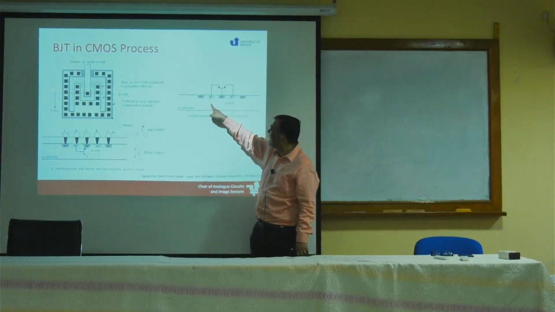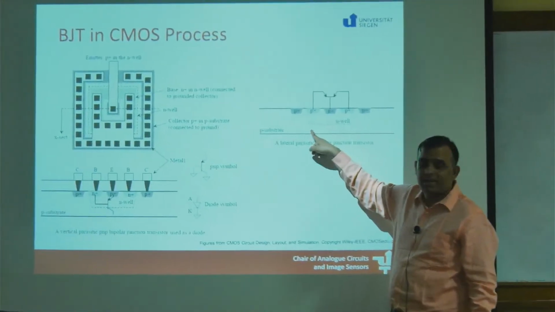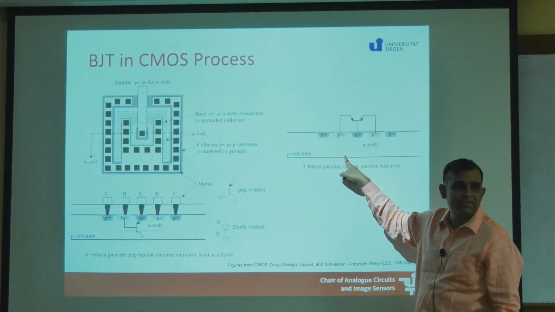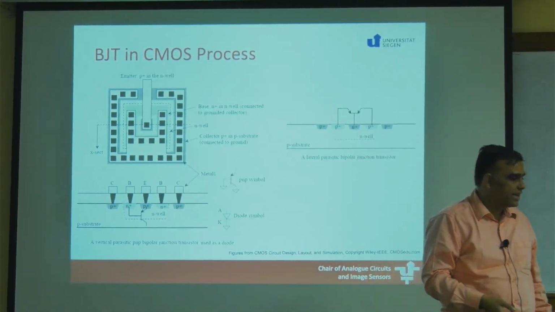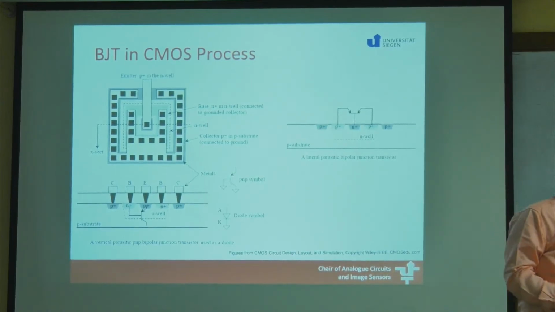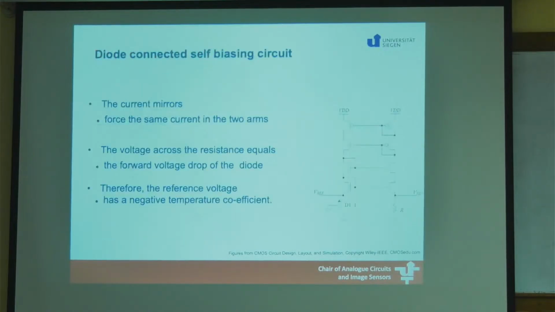If I take this N-well from N plus and then take this P plus from the substrate, then I have got a vertical parasitic transistor. Agreed? So BJTs do come across as parasitic structures in CMOS processes. Now that's good, because if I have such parasitic devices, I could use them for temperature monitoring.